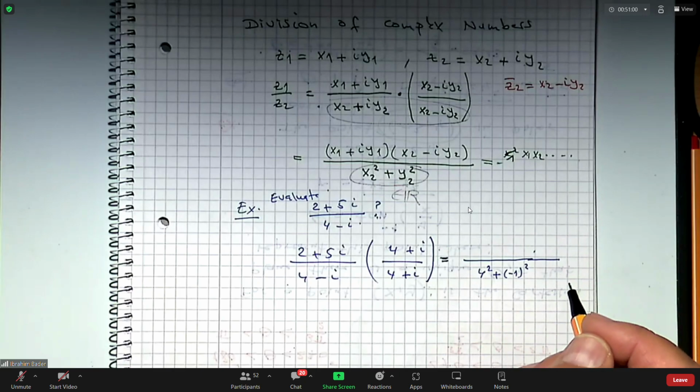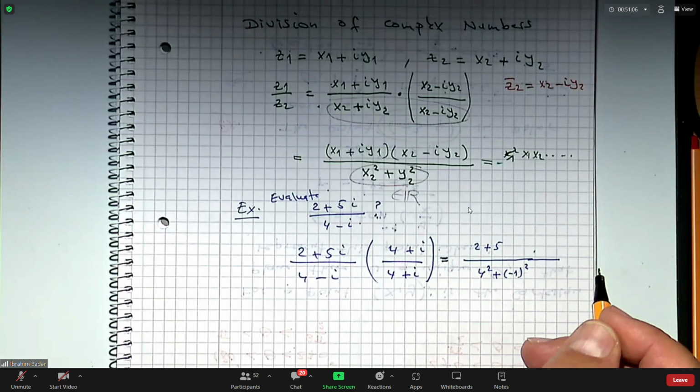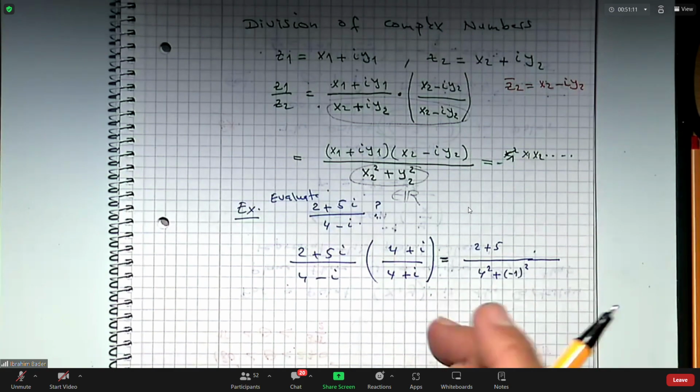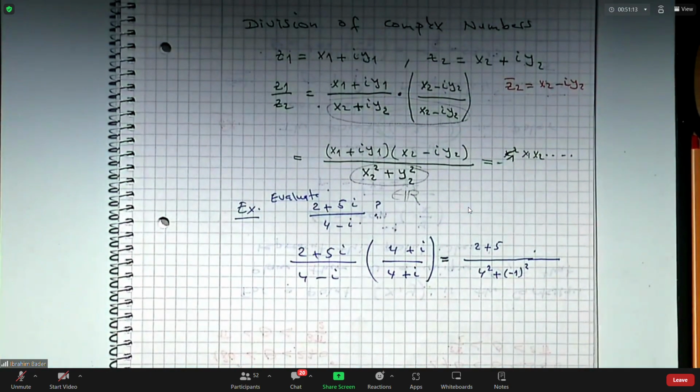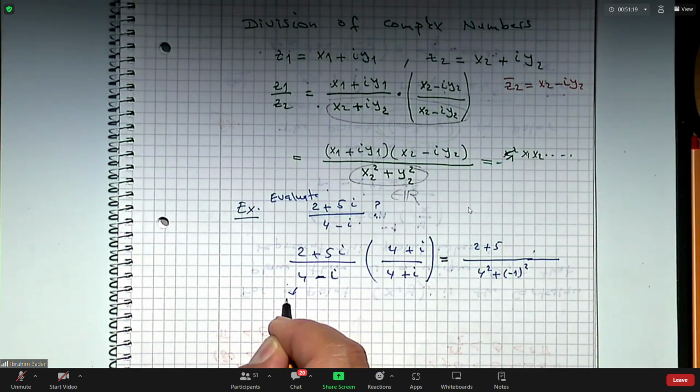It's minus 1 squared, not minus 1, minus 1 all squared. So be careful here, because my x here is 4 and my y here is equal to minus 1.